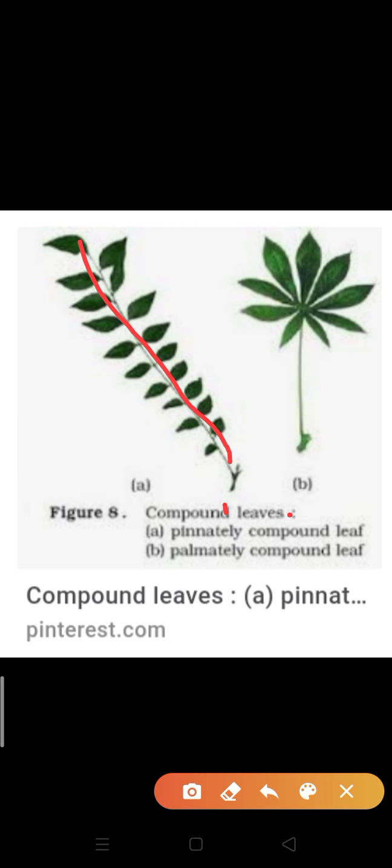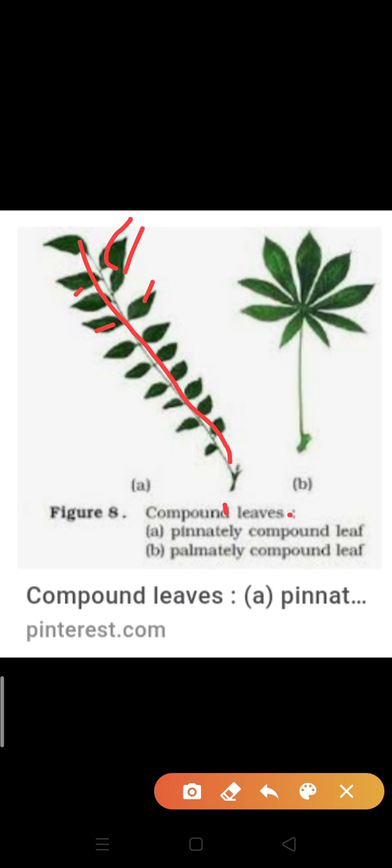A number of leaflets are present on a common axis. So this type of leaf pattern we can easily see in neem plant.